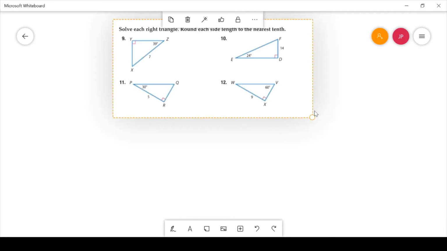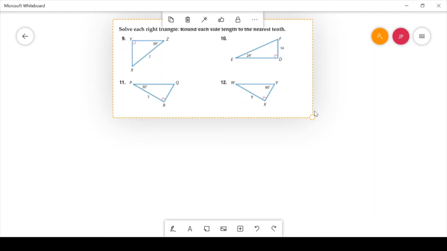Okay, so we're solving this right triangle. The first thing that I would want to do right away, just because we can do it, is find out what this third angle is.